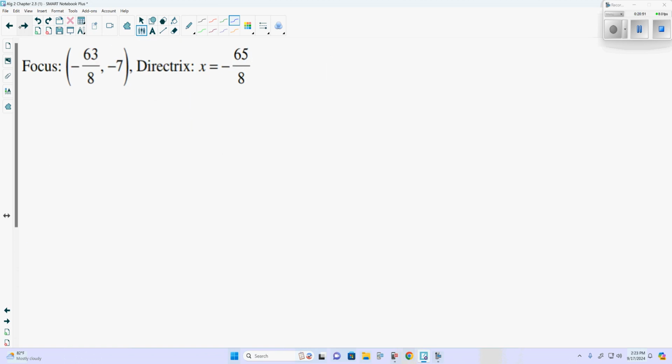What is different about this one than the ones before? We don't have the vertex. We can still solve it. It's still solvable. It just takes a few more steps. We can't tell what's changing, but the directrix does give us a nice hint.